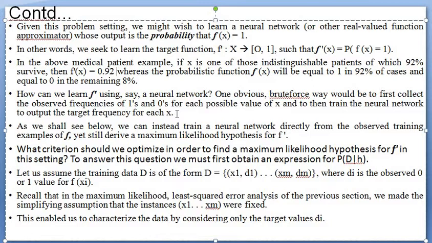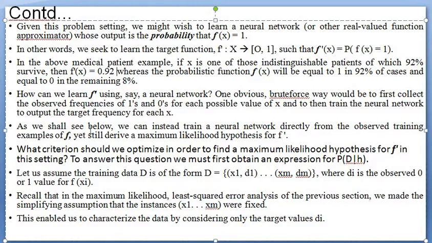So first we take all the patients' data where the observed value is 1, and all the patients' data where the observed value is 0, and we train our neural network on them, so that the network can classify whether the patient will survive or die. If the patient survives, it will give the result 1. If the patient is not surviving, it will give the value 0.